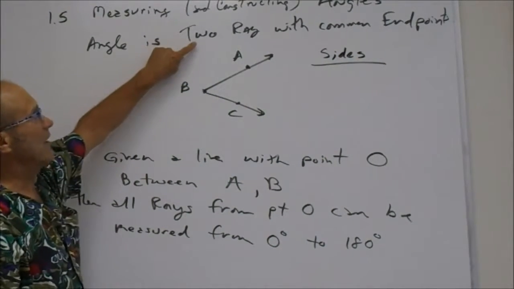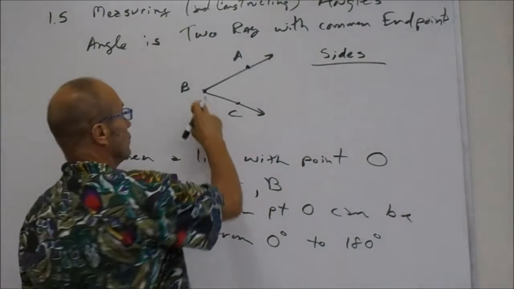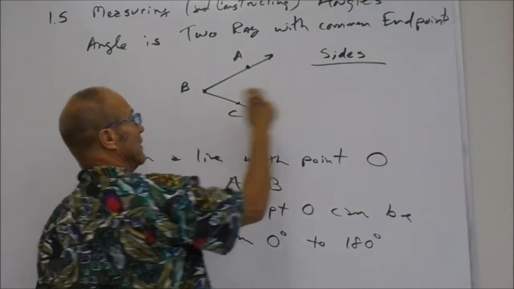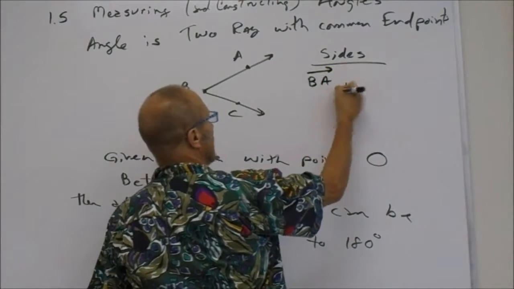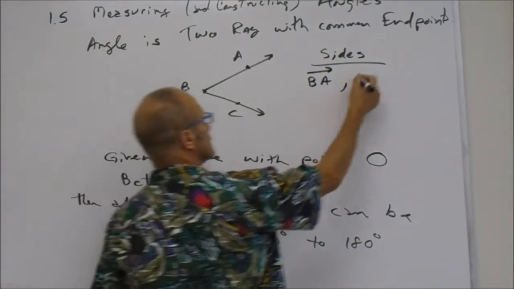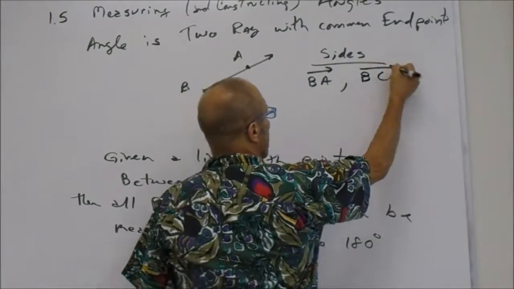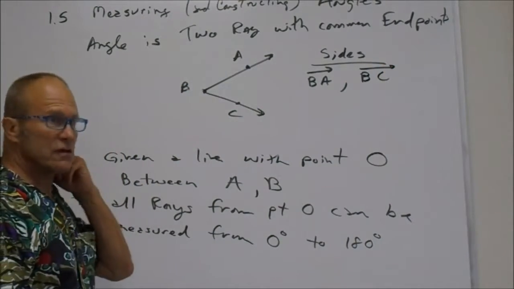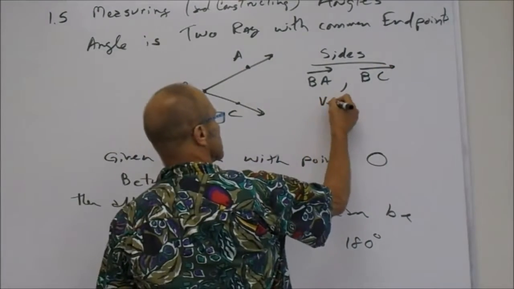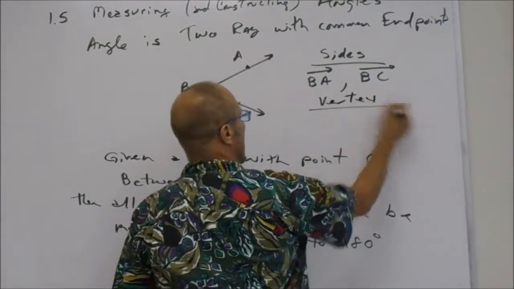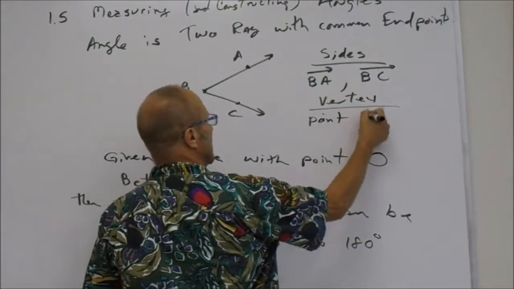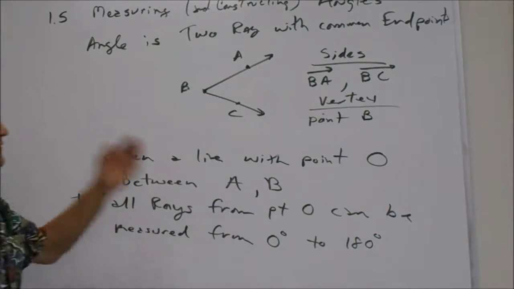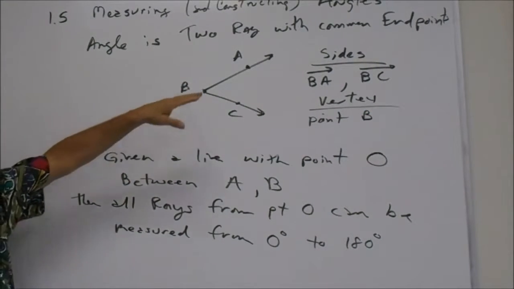Remember, they are rays. So you start with the B, that's the common endpoint, and that'd be BA. And the second one would be BC. All right? And of course, the vertex would just be point B. That's pretty much as far as naming the parts and showing the parts.